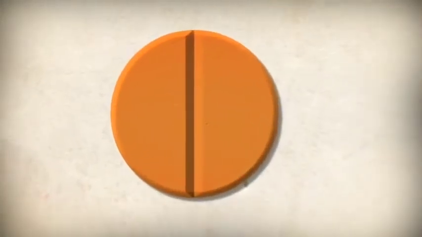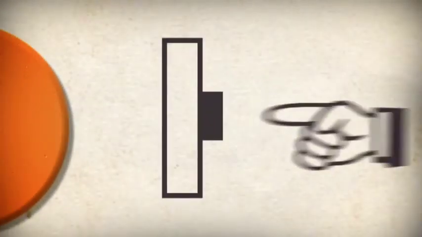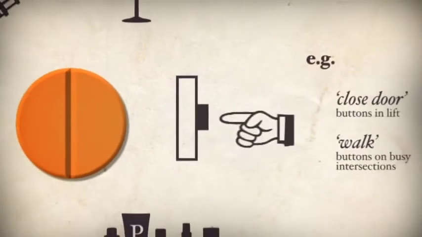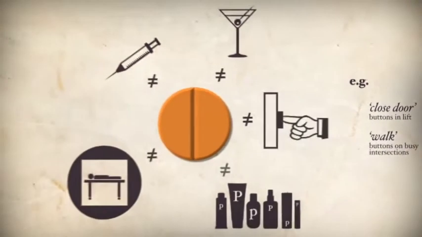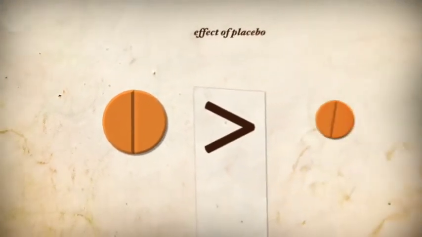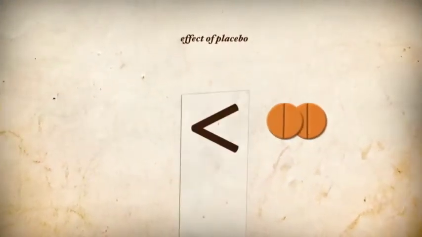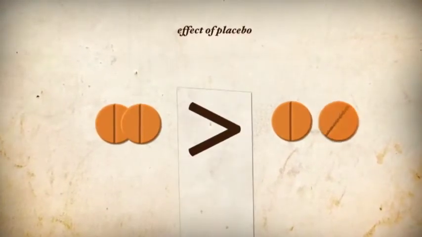Now, placebos aren't just pills. They can be creams, injections, surgeries, or drinks. You can even get placebo buttons. They don't actually do anything, but they sure make you feel like you're in control. But not all placebos are equal. The effect of the placebo is bigger when the pill itself is bigger. Or if you have 2 instead of 1. Or 2 once a day instead of 1 twice a day.